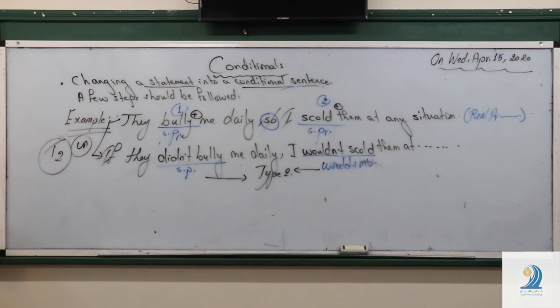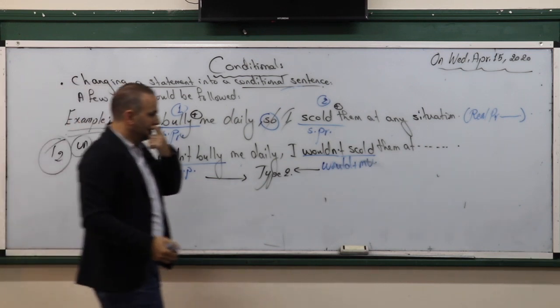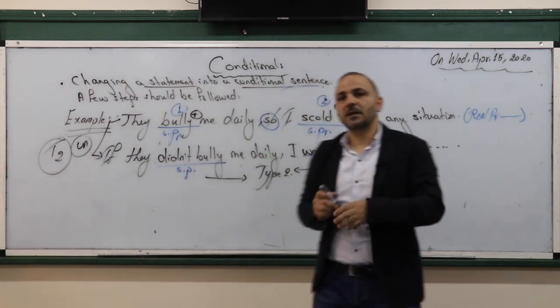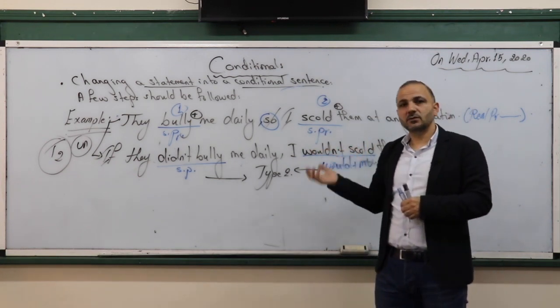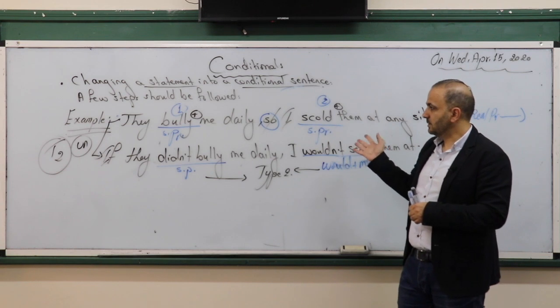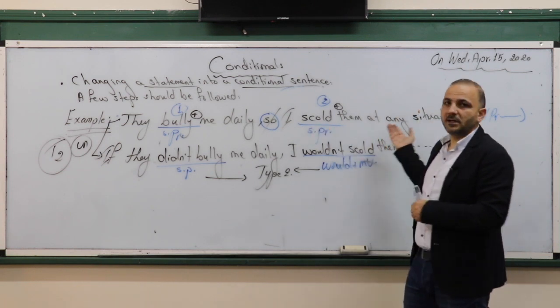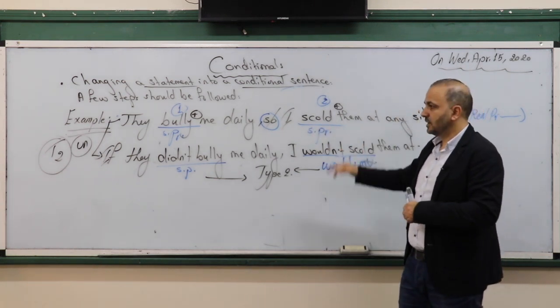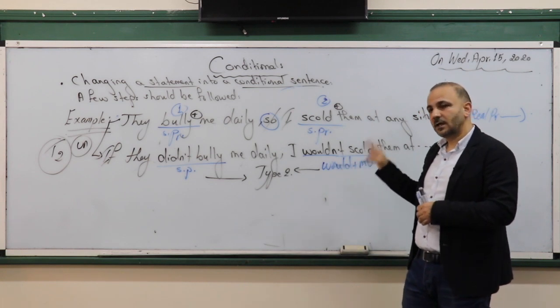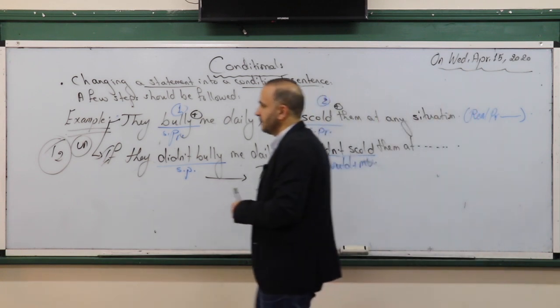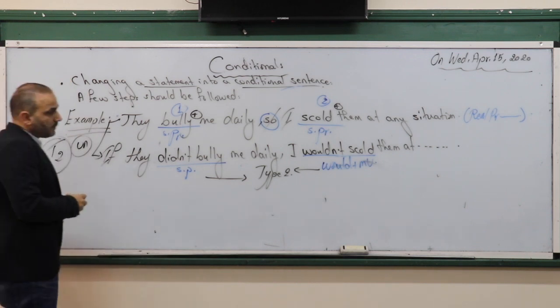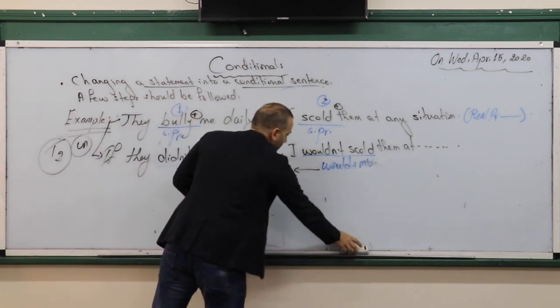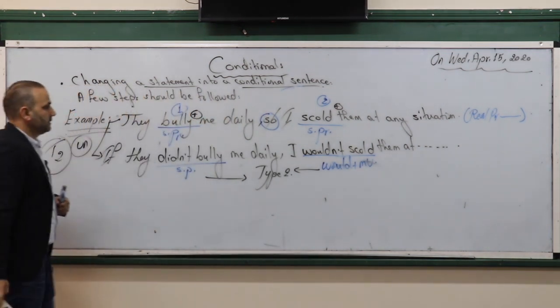These are the steps of changing a statement into second type, third type. As we said last time, no statement can be changed into type 1 or type 0. As we see, the statement should be real, okay, to be changed into unreal, so we are dealing with type 2, 3, and mixed type. Clear? These are the steps of changing a statement into conditional sentence.